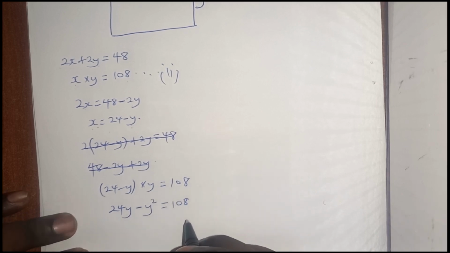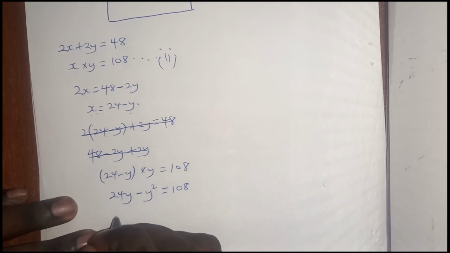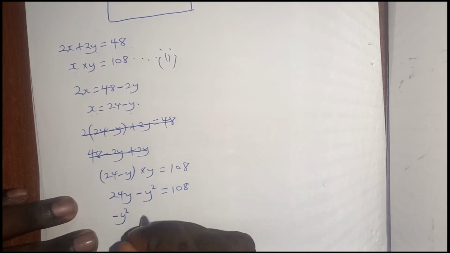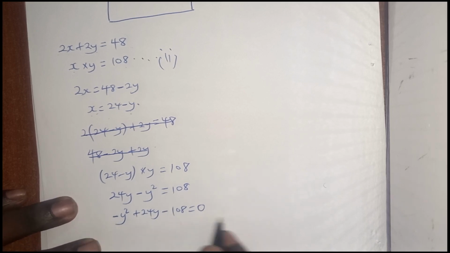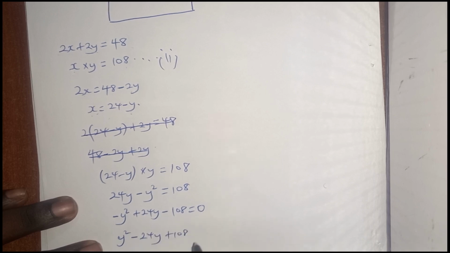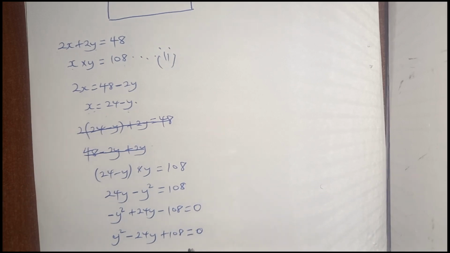Okay, if we put them all in the same direction, we're going to have minus y squared plus 24y minus 108 equals 0, right? Let's multiply all through with negative 1 so that we can have the first value as a positive integer. So we're going to have y squared minus 24y plus 108 equals 0. After we've done that, we now look for the product and the sum.